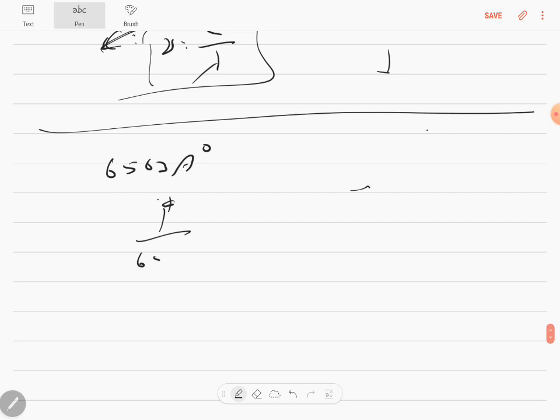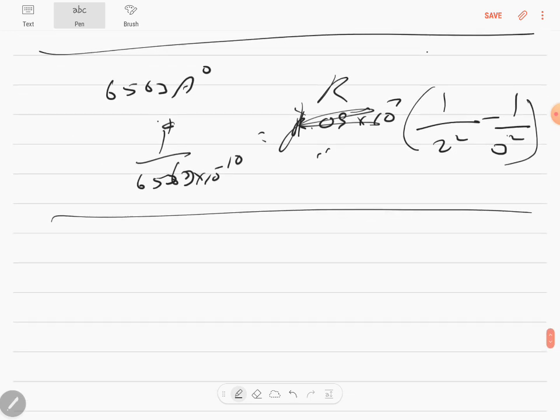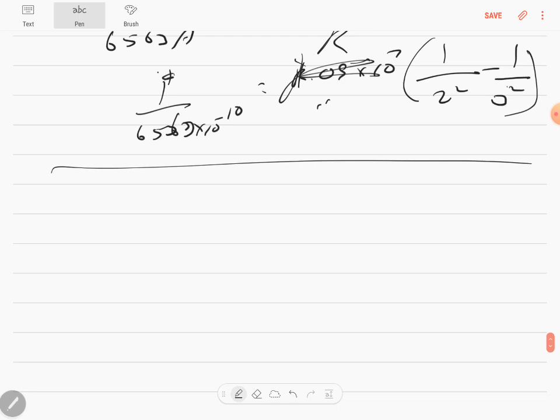It's 1 by 6563 into 10 to the power minus 10, which is R into 1 by 2 square minus 1 by 3 square, the Balmer series H alpha line. So you have to calculate this R. That's the question. It's unusual. Why would they ask you to do that, since it's a constant? In case they do that, you can tell.